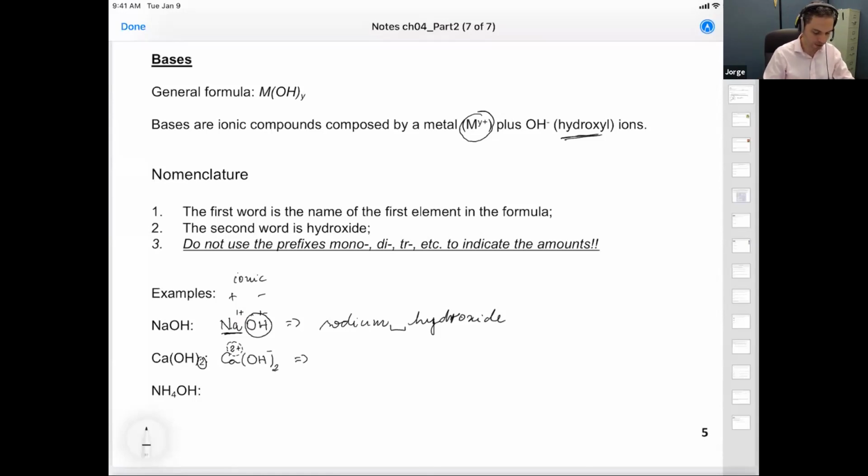This, of course, is a base because we have OH and a metal. To name the base, the first word is the name of the first element, in this case calcium, and the second word is simply hydroxide.